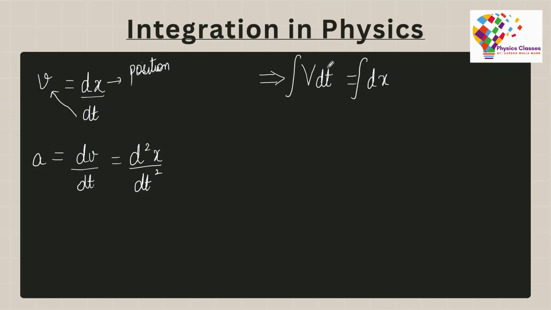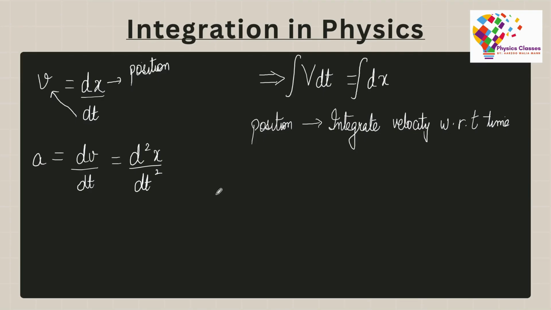Similarly, if I have the acceleration function dv by dt and I take dt to the other side, then the integration of a dt will give me the velocity function. So velocity is the integration of acceleration with respect to time. If you want to define it between any particular limit, you can take that interval and define it as your lower and upper limit.